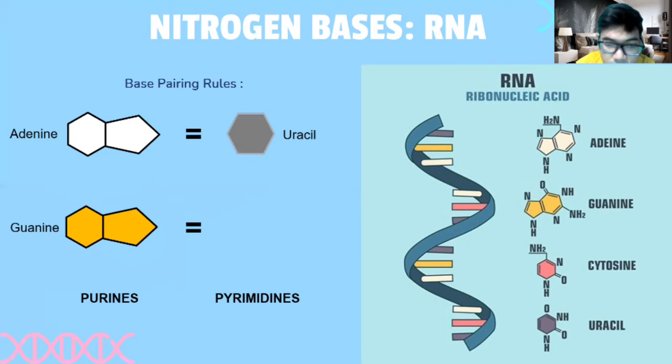Uracil is very similar to thymine, but it has a different chemical component. So adenine pairs with uracil in RNA, and in DNA, adenine pairs with thymine. The other two are exactly the same. Guanine always pairs with cytosine. So the only difference in the nitrogenous bases of RNA is that adenine pairs with uracil.